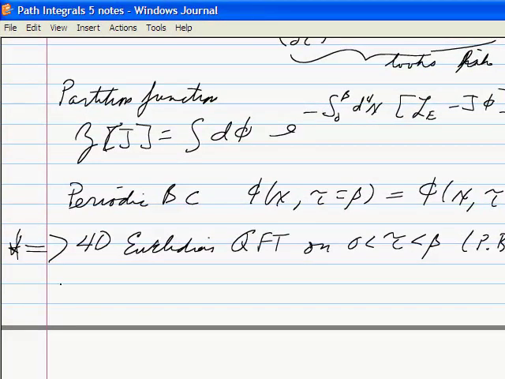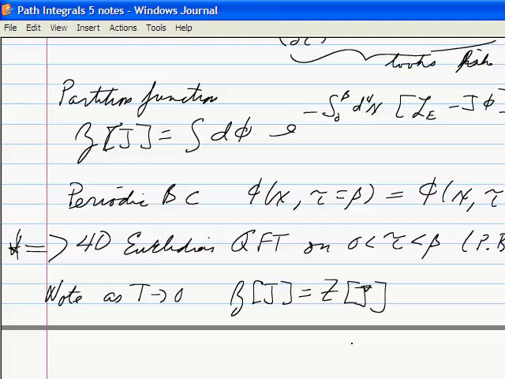And again, note that as t goes to 0, the partition function turns into what we call the generating function. Okay, so basically that interval then extends to infinity.